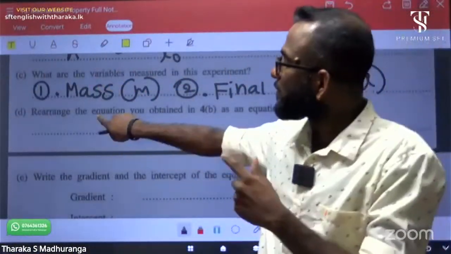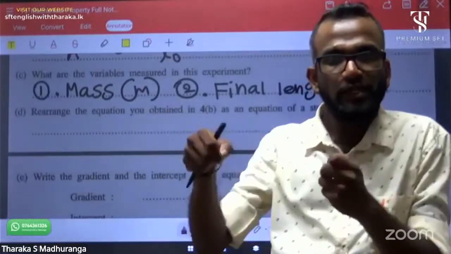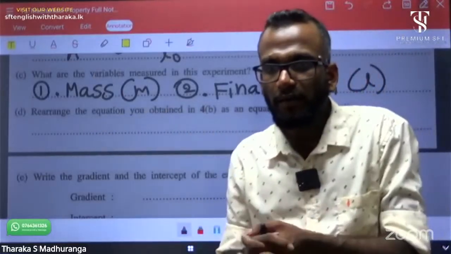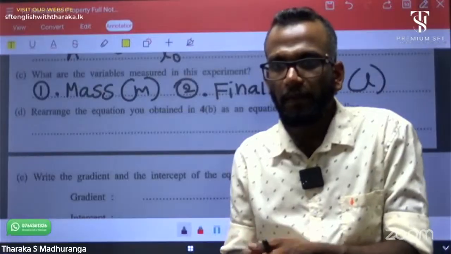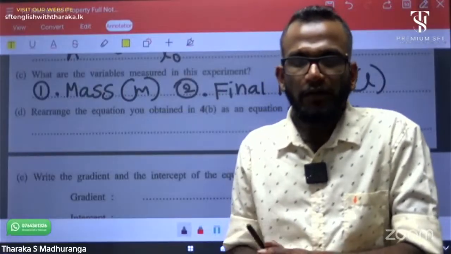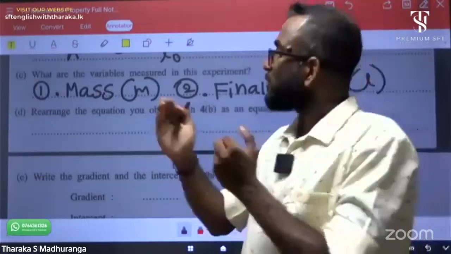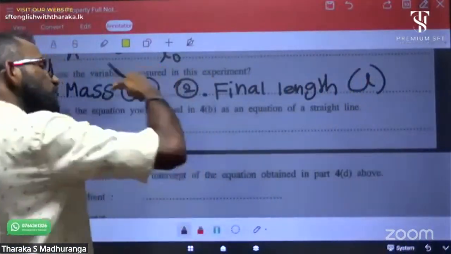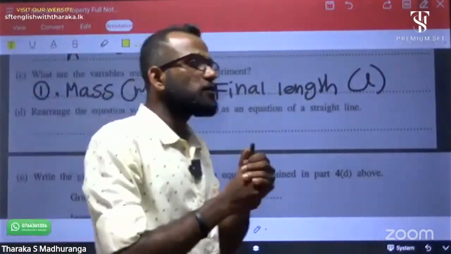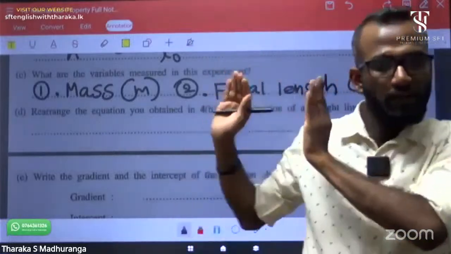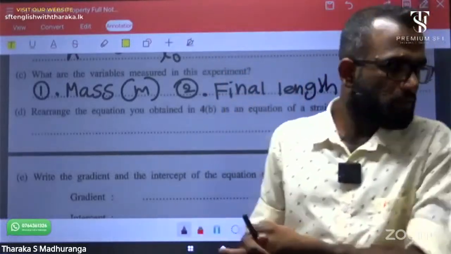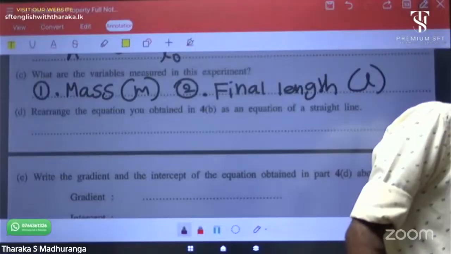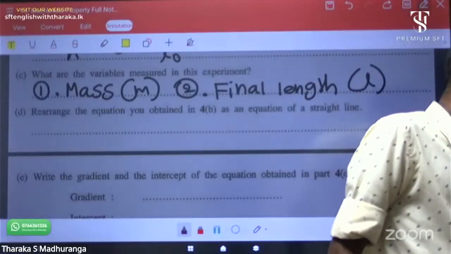That's why we couldn't discuss this question at the end of mechanical properties of matter, because it is based on coordinate geometry.